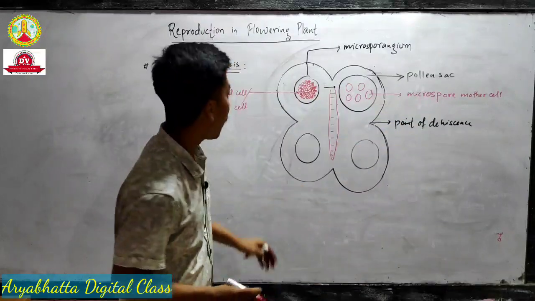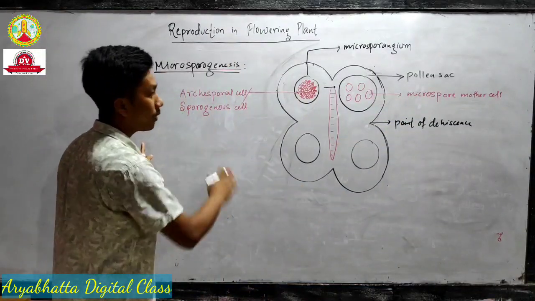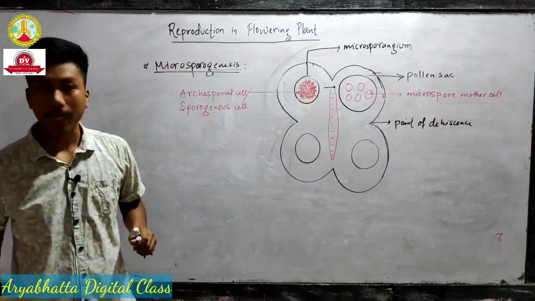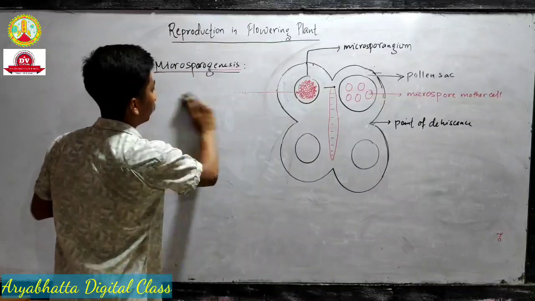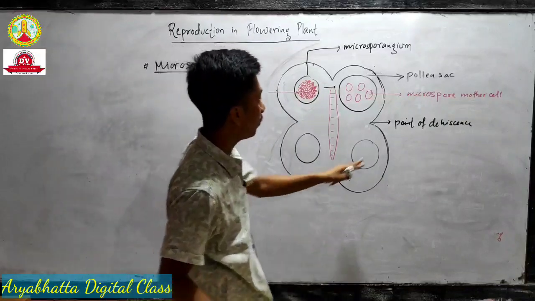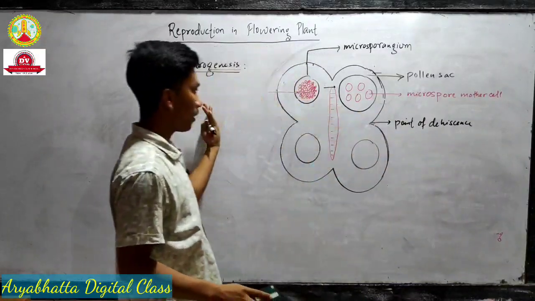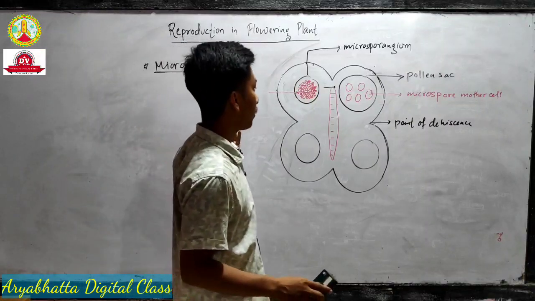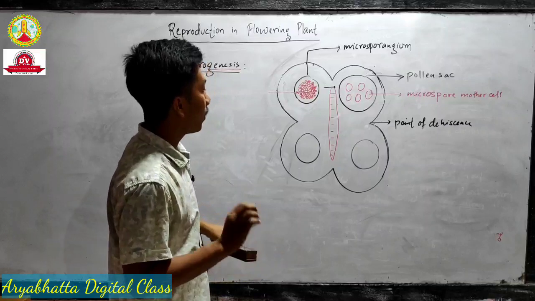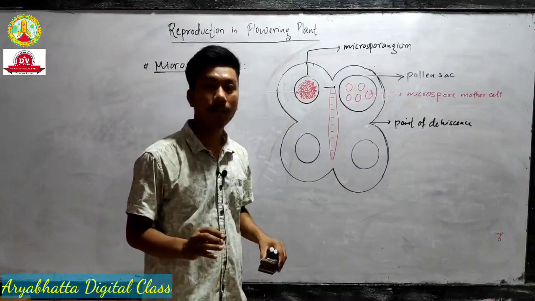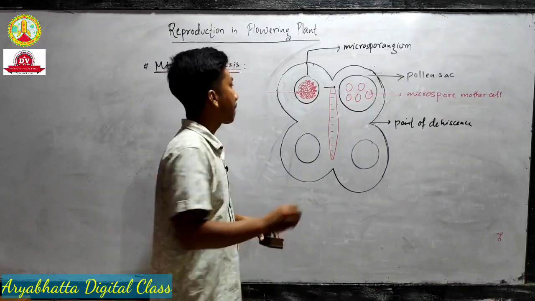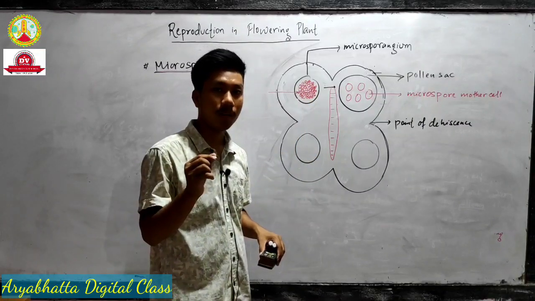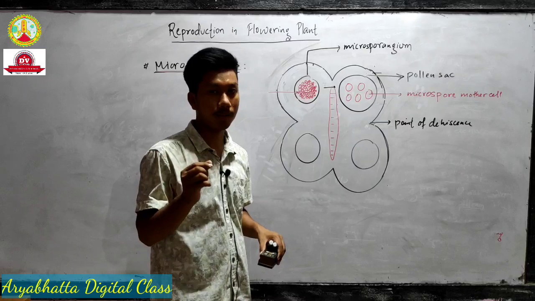Now the process I will show you on the left side, and you note it down below or on the right side. On the left side I will show the actual process that takes place. When the anther is young, all the archesporial cells are small and remain completely packed with each other.